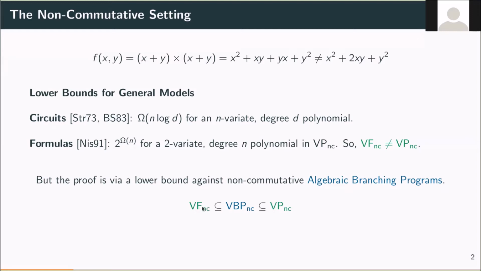That is, any formula can be converted to an ABP without blowing up the size by much, and any ABP can be converted to a circuit without blowing up the size. And what Nisan actually showed was that this inclusion is strict. That is, he showed that VBP and VP are different in the non-commutative setting, and hence it implied that VF and VP are not equal in the non-commutative setting.